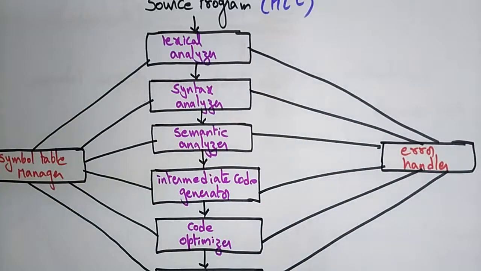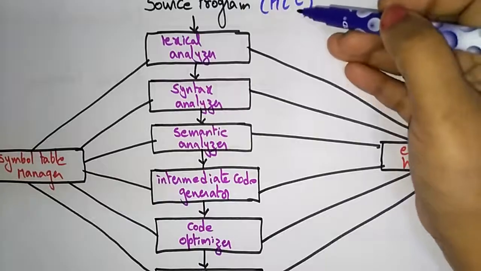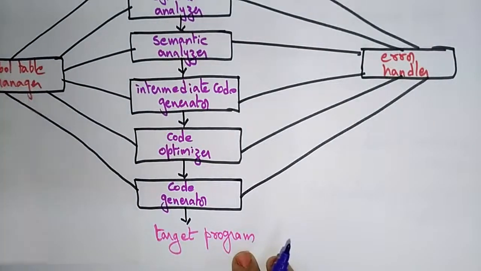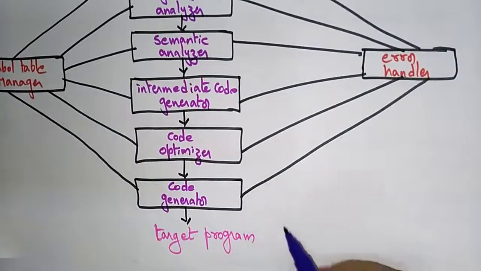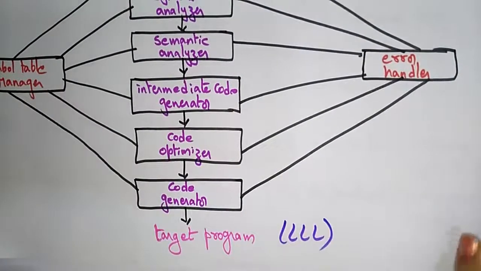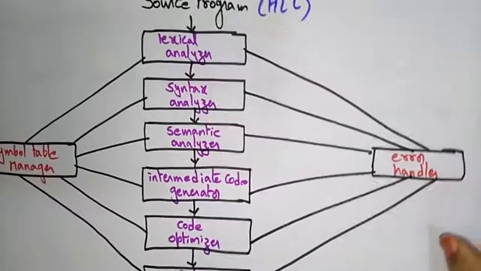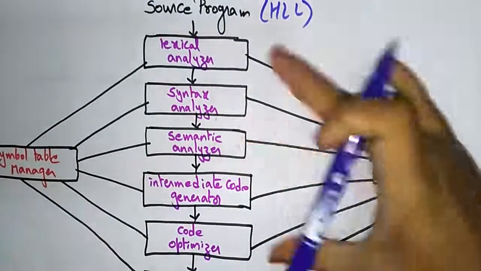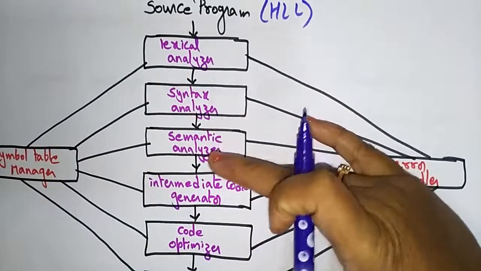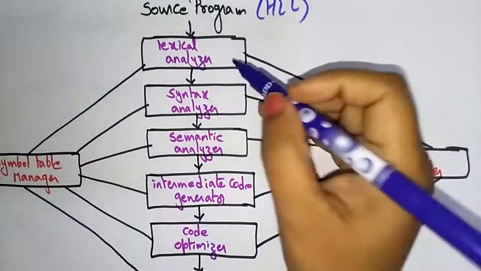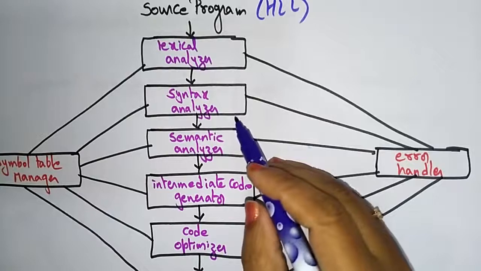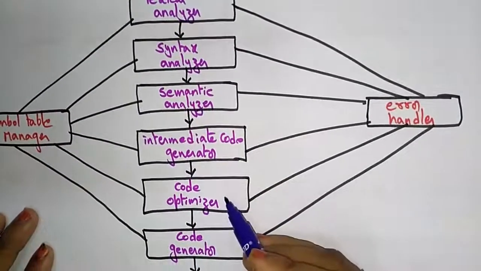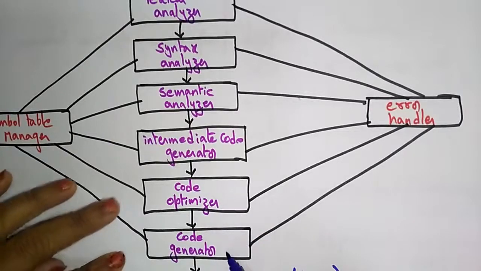The compiler converts the high level language into the target program, which is the low level language. The phases between them are: lexical analyzer, syntax analyzer, semantic analyzer, intermediate code generator, code optimizer, and code generator.